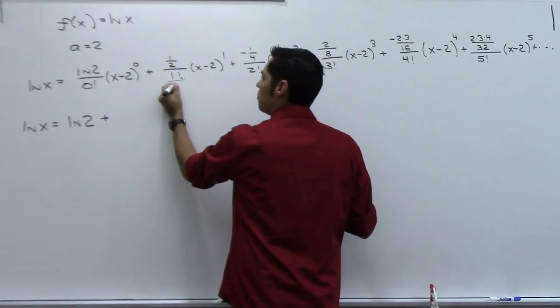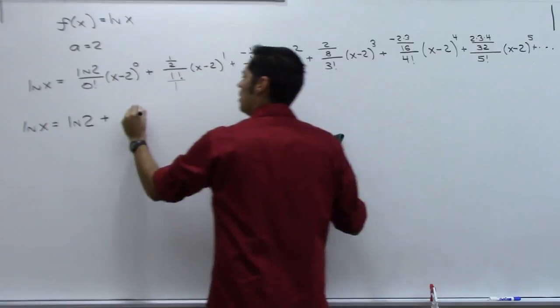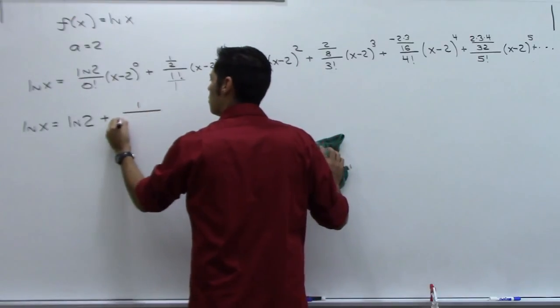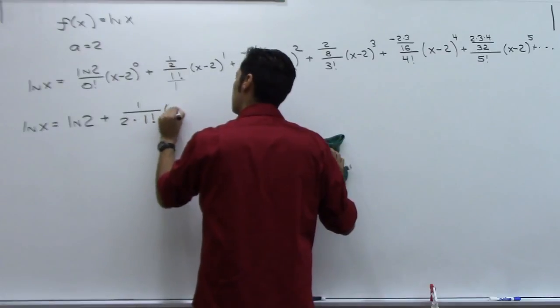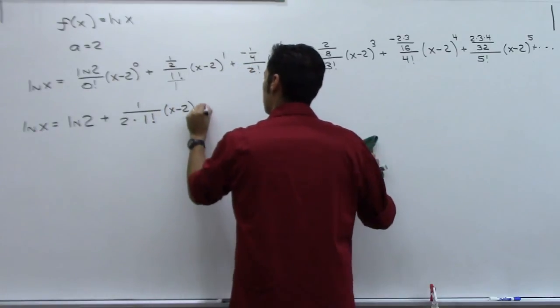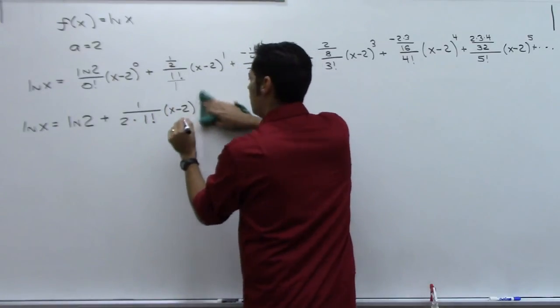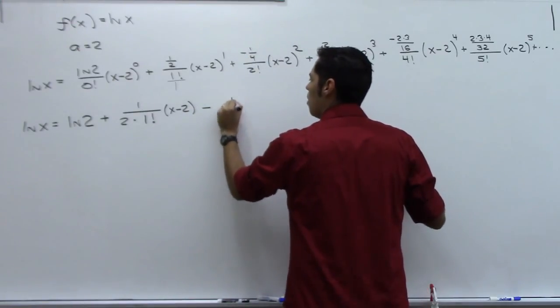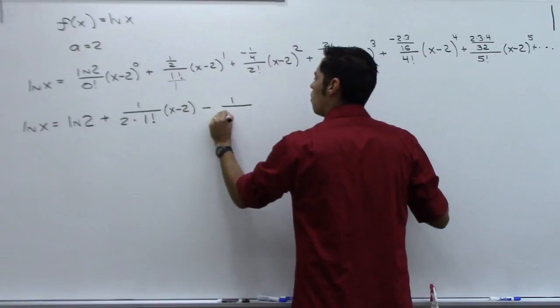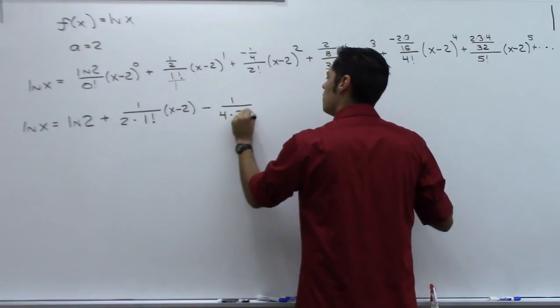This is like 2 fractions, so I can flip, so it becomes 1 over 2 times 1 factorial, x minus 2 to the first power. This one becomes minus, because there's a negative there, 1 over 4 times 2 factorial.